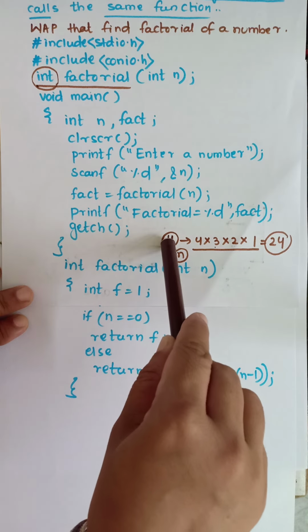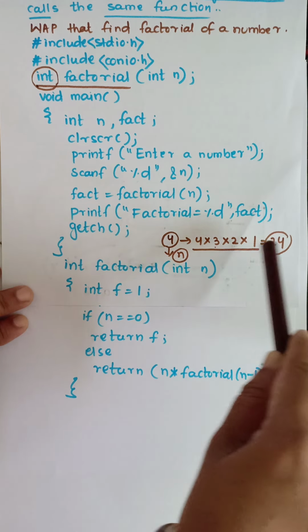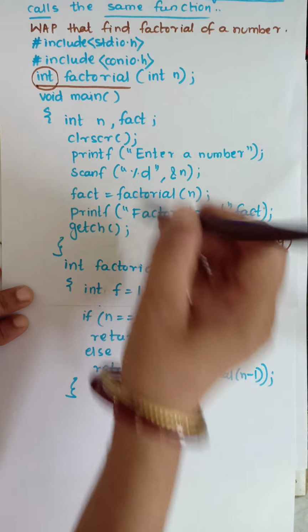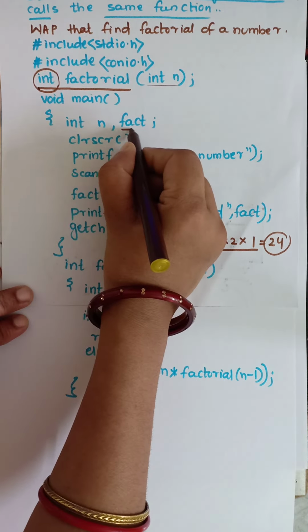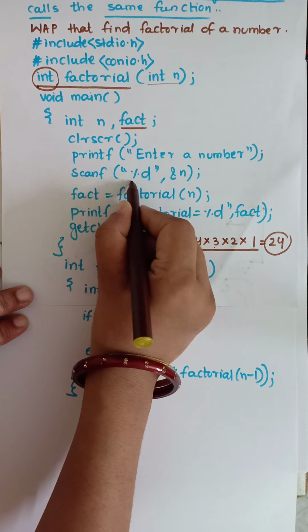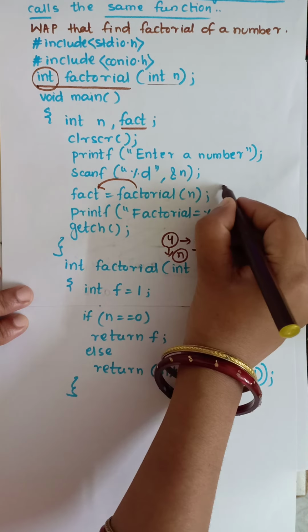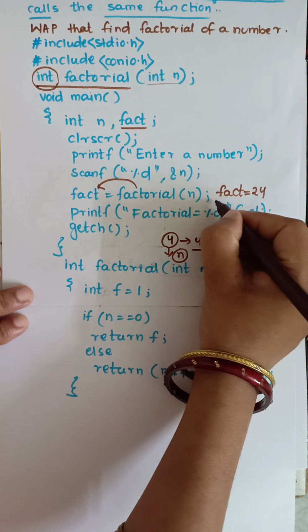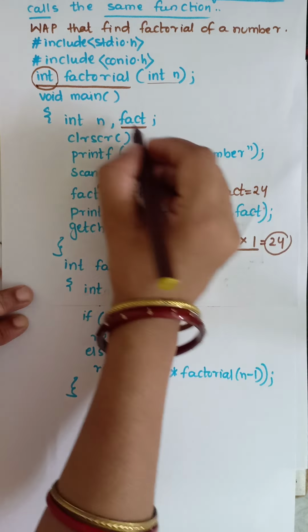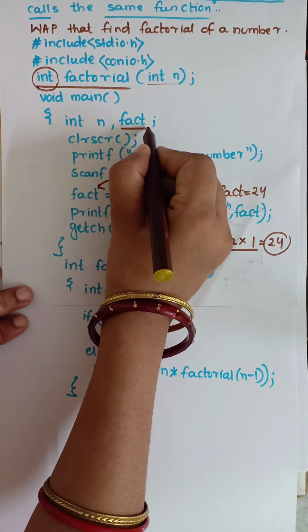We have to input one number, then our computer calculates the factorial of that number. So input here one number, int n, and here I use another variable. Here I store the factorial value, meaning fact equals 24. After the output we store the value here. So for this I use another variable.